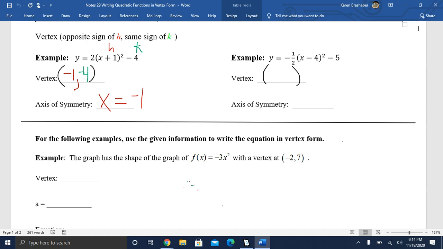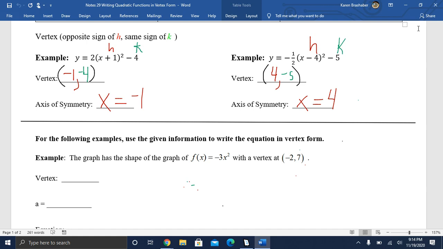And so for the ordered pair for the vertex, your h is with the parentheses, the k is after the parentheses squared. So we use the opposite sign for h. That's going to be a +4. And then we use the sign that the k has, so -5. And your axis of symmetry is x equals 4.